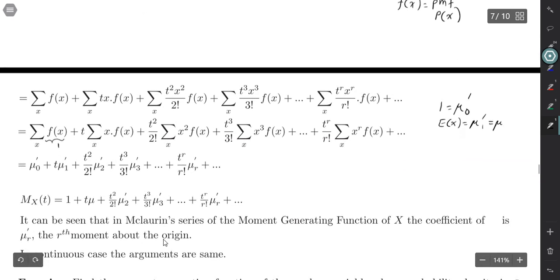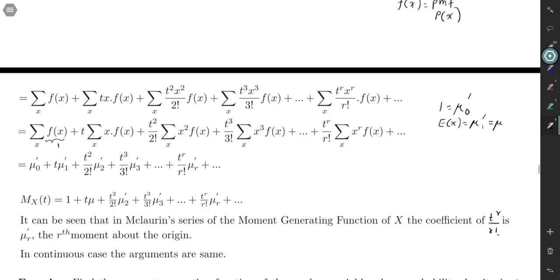If you look very carefully at this expression, we see that the coefficient of the expression t to the r over r factorial is always the rth moment about the origin.